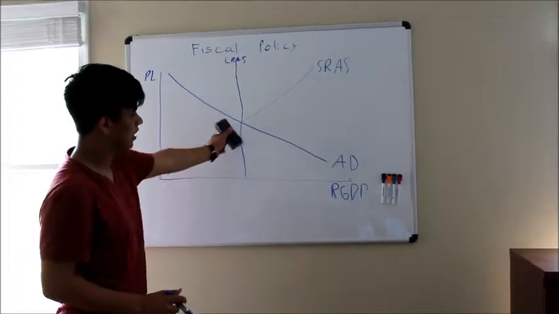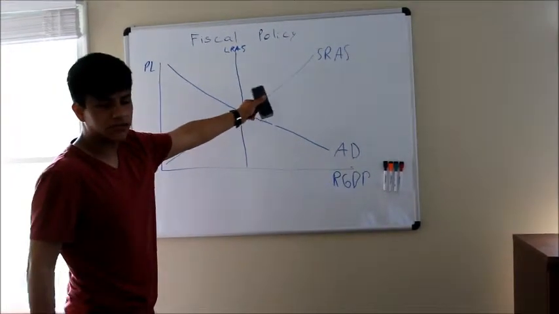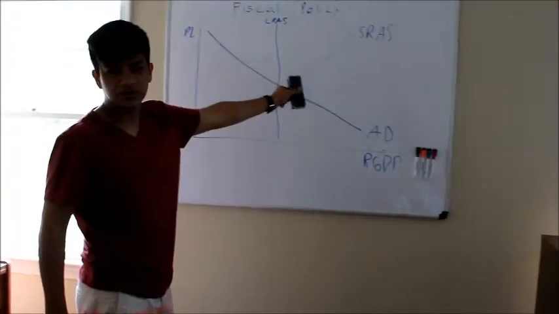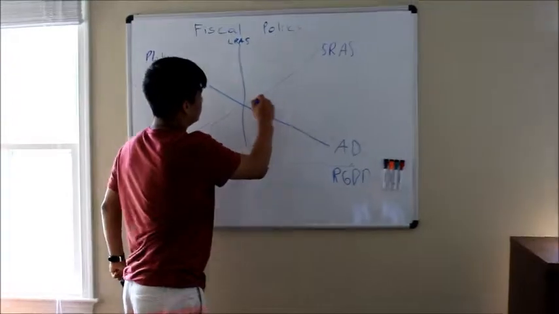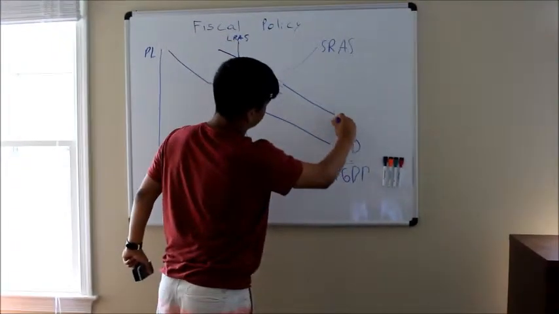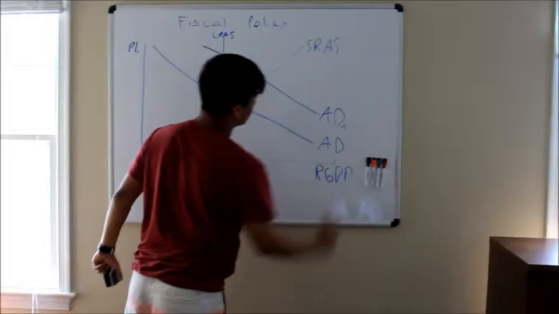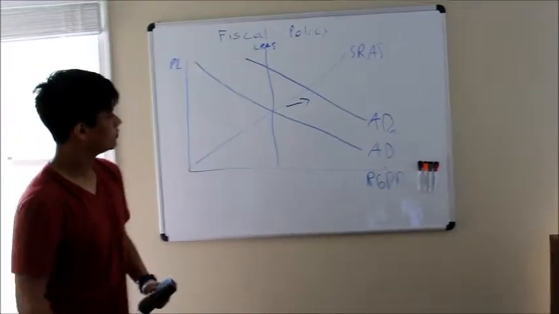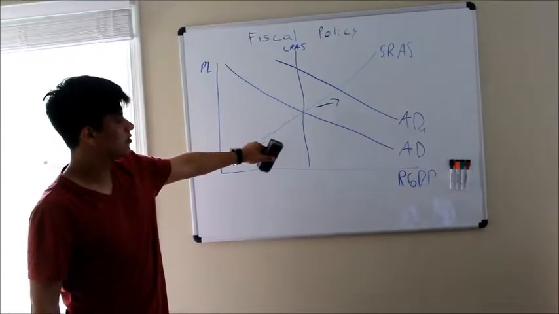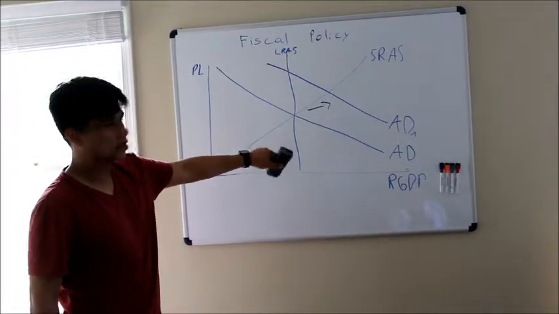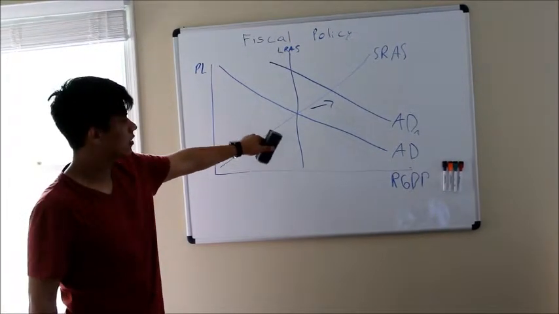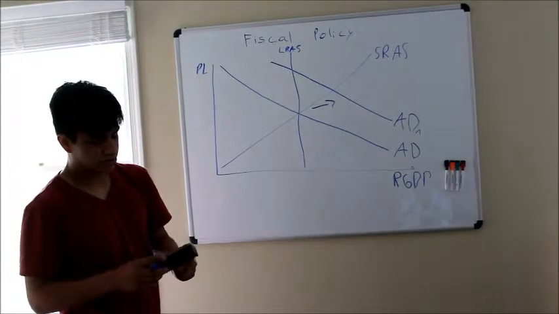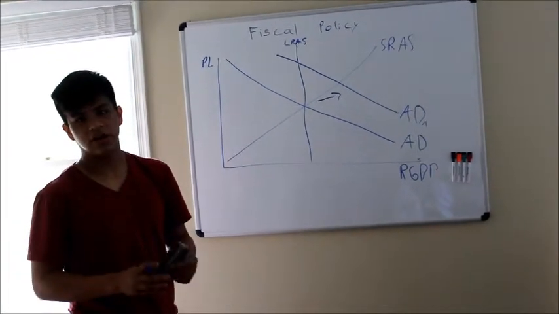Whenever the AD curve shifts to the right, it's because the government spending increases or the tax decreases. So this will produce a new AD curve. The government spending or the tax cutting is made to stimulate the economy.